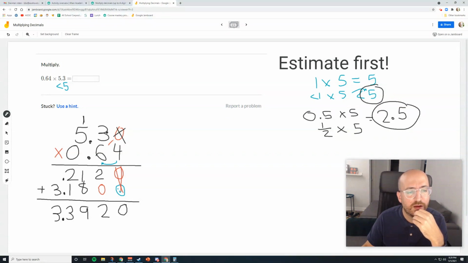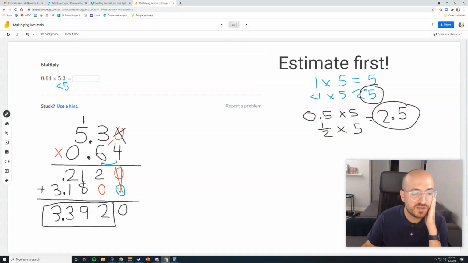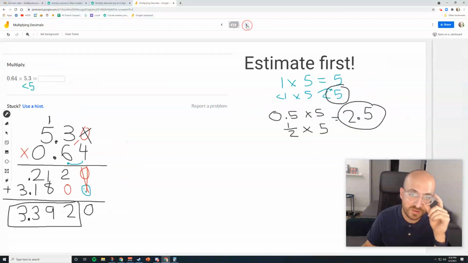A 10th of a 10th is 100th. A 10th of a whole would make a 10th, and then we have the spillover in the wholes. Yep. So that's how we get the answer, 3.329. All right, boom. We're going to speed through this one.